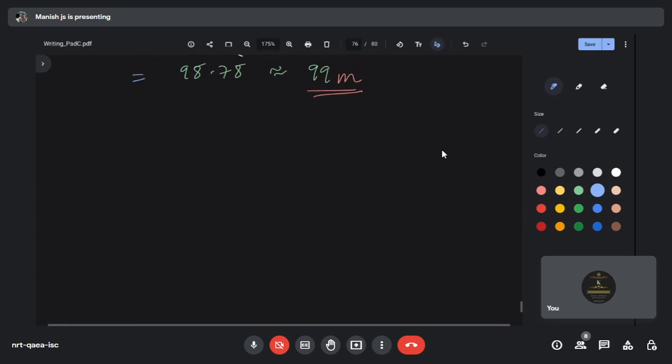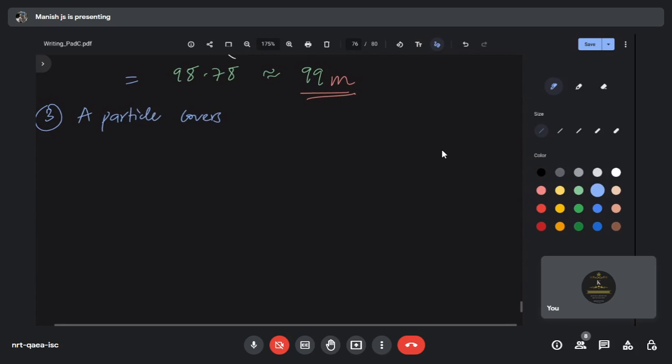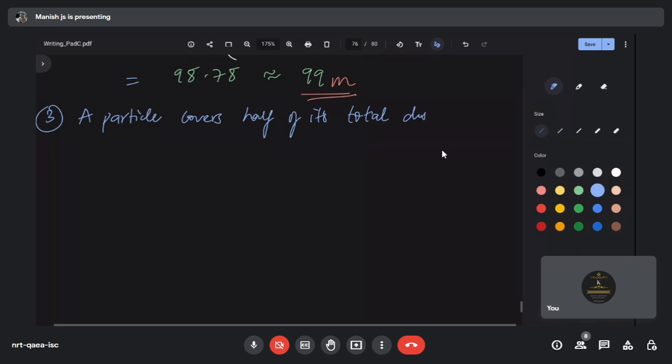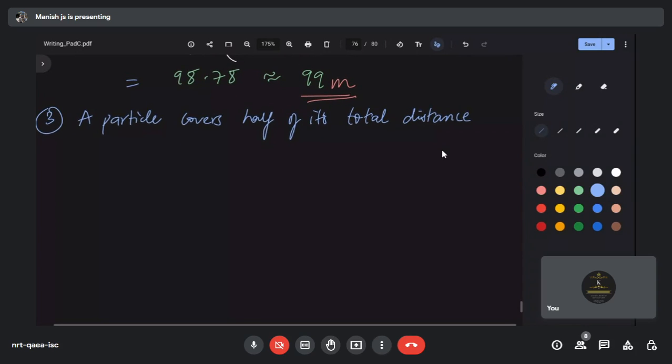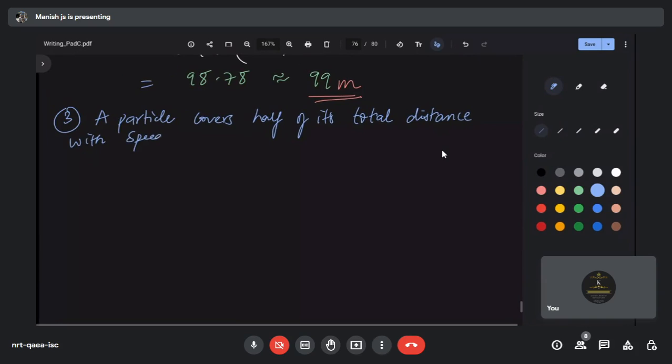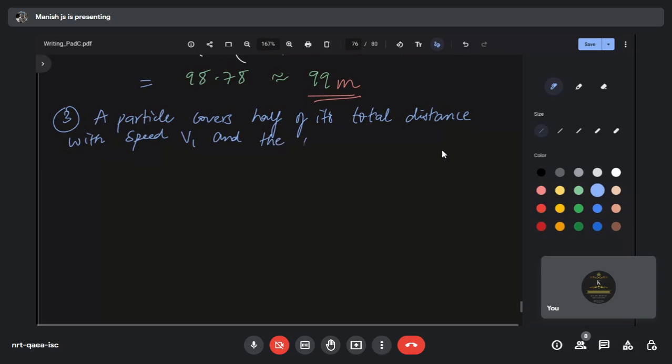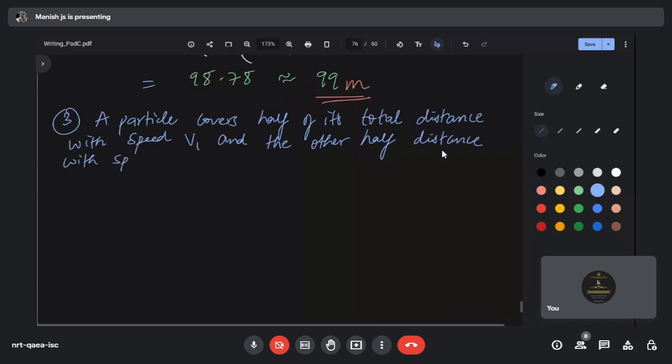Okay, here comes the next question, the third question. The particle covers half of its total distance with speed v1 and the other half distance with speed v2. சரிங்களா?